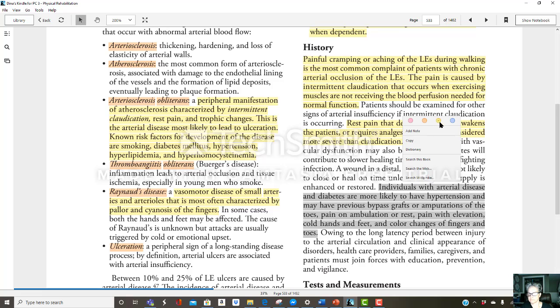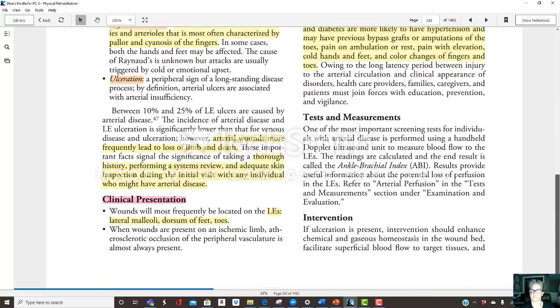Pain on ambulation or rest, pain with elevation, cold hands and feet, and color changes of fingers and toes, owing to the long latency period between injury to the arterial circulation and clinical appearance of disorders. Healthcare providers, families, caregivers, and patients must join forces with education, prevention, and vigilance.